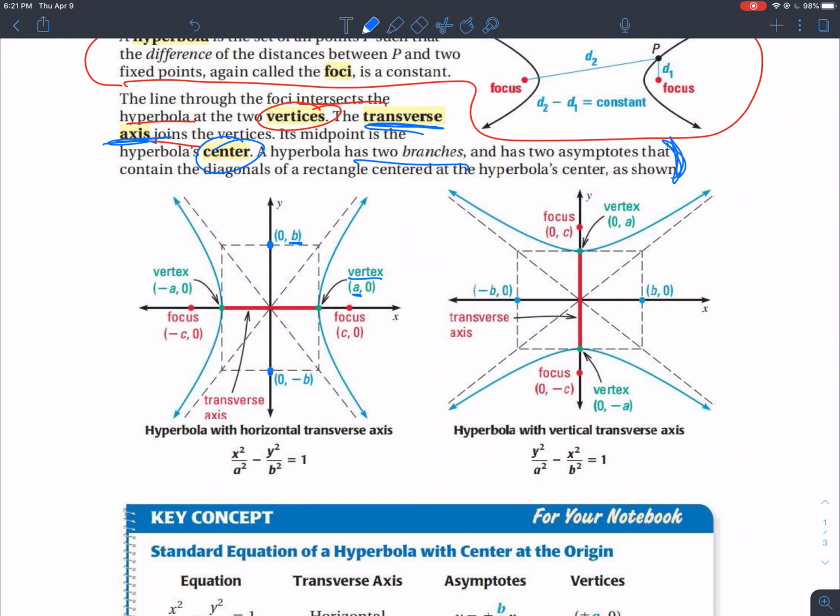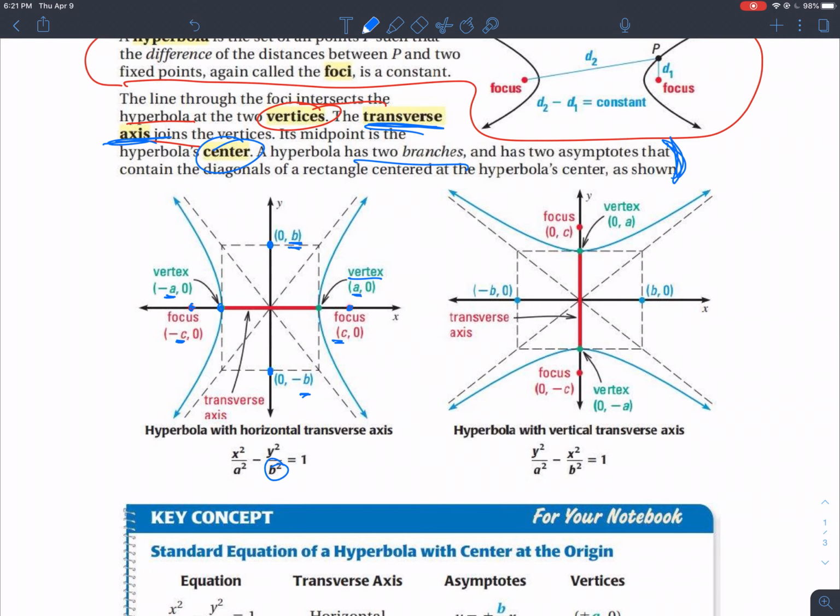Okay, so it's a very important point for us, this point B here. As you can see in your equation, it's going to be the thing behind the minus, but it doesn't have a name per se. Okay, so the letter A still goes with vertex, the letter C still goes with focus, just like an ellipse, and the letter B just helps us draw the box that helps us draw our asymptotes. Okay, it gives us the slope of the asymptote.